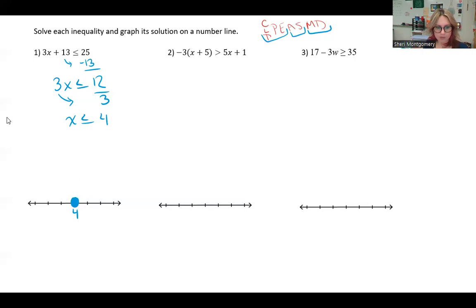And if you have a pencil, you've got to shade it like you mean it, so that I can see on your number line that I'm shading on that side. And then you need to put a nice, clearly defined arrow. So this arrow right here is always going to match up with this part right here of your inequality symbol. They always match. So if your symbol is a greater than symbol, you point to the right.